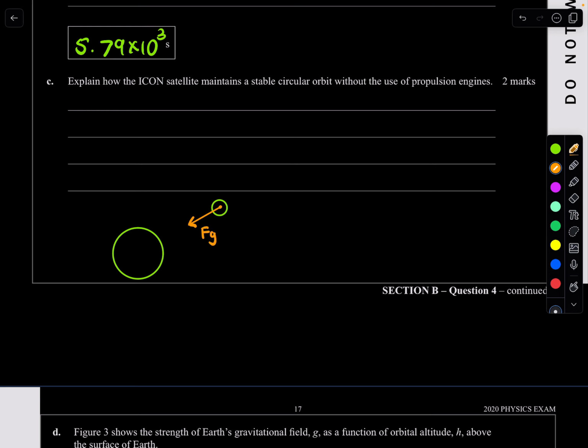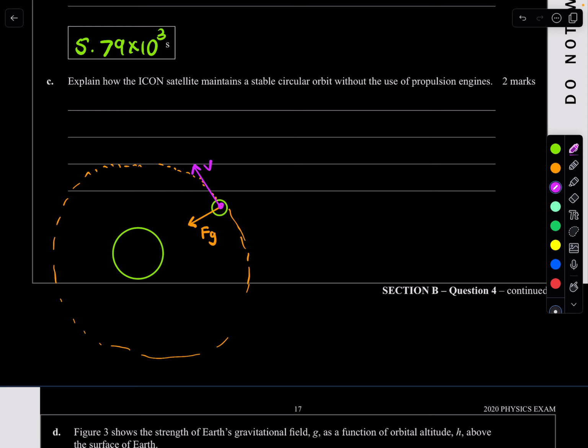This force of gravity is always constant in magnitude, so its magnitude is always the same as it orbits around the Earth. A stable orbit means the radius is always the same. You also need to remember that it has a velocity that is perpendicular to the force, and this velocity is constant in magnitude.